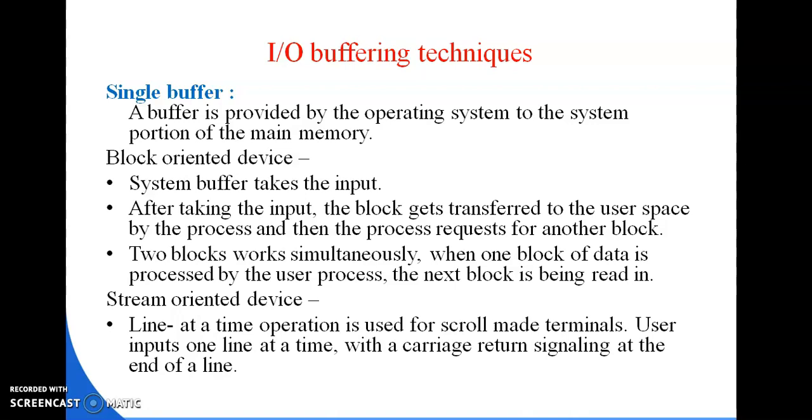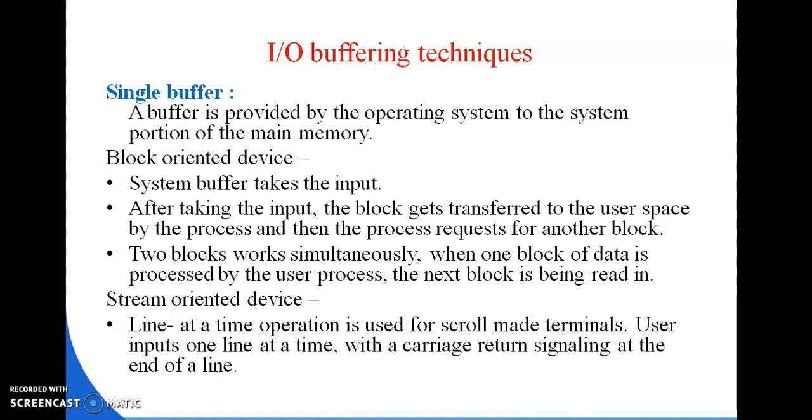This data transfer is not instantaneous, therefore the modem needs another buffer to store additional incoming data. When the first buffer gets filled, it requests to transfer the data to the disk.